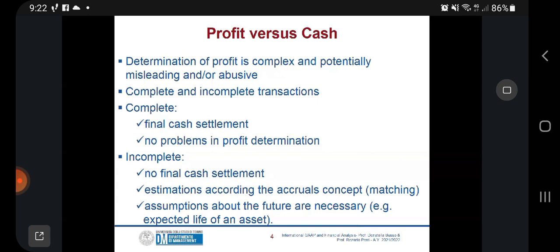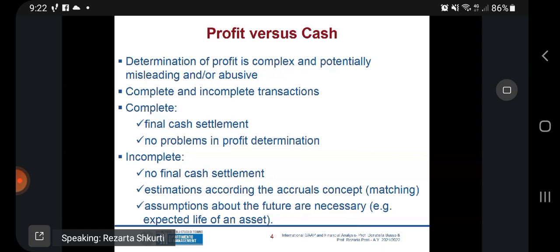This is just a simple example to let you know that actually profit is an easily manipulated figure, and you should be very, very careful when you read the amount of profits in the financial statements. That may have been impacted by the incentives of the management, whereas the amount of cash is not affected by anything.